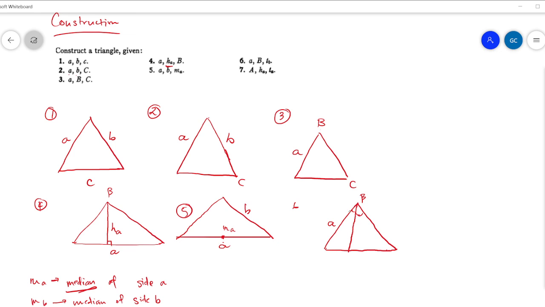Let's say that is actually equal. This will be equal. So this line will be our angle bisector B.